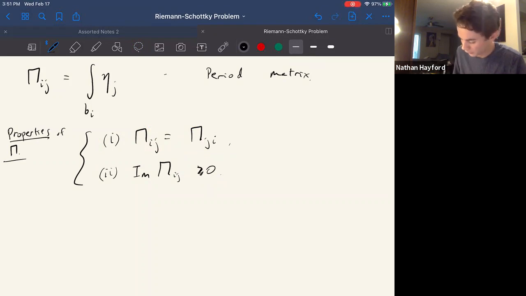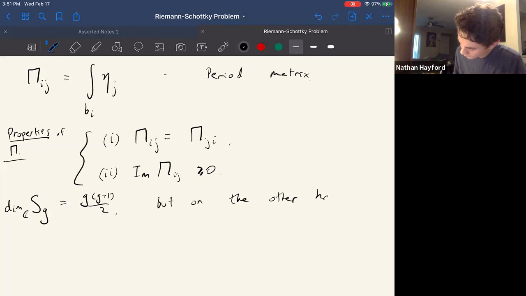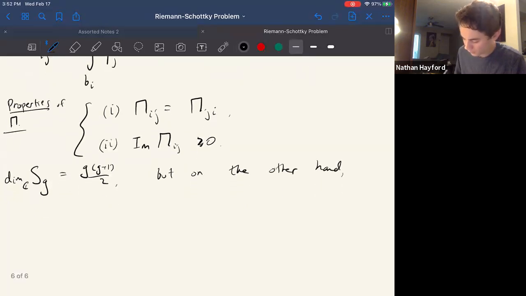The space of matrices with these 2 properties I call S_g. And now its dimension is over C and not R this time. So its dimension over C is the same as what I wrote before, which is g(g+1)/2. But on the other hand, at least for genus g greater than or equal to 2, this is not equal to 3g minus 3 in general.